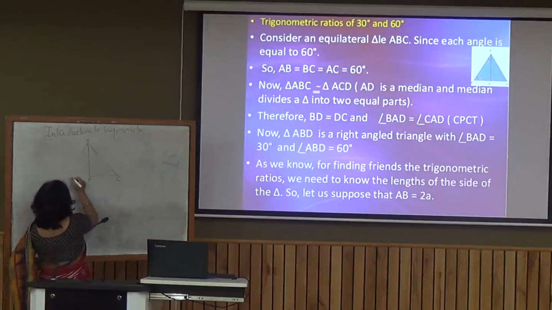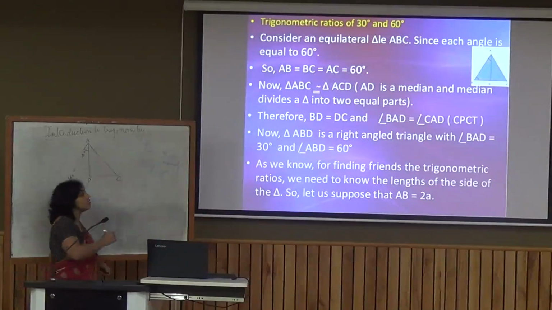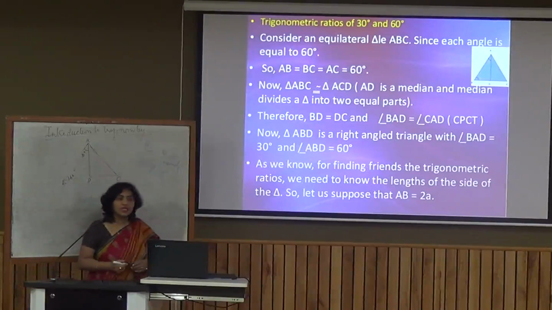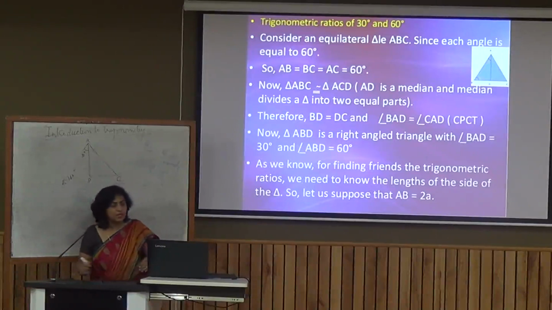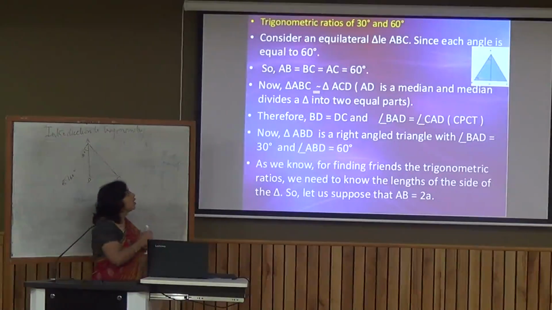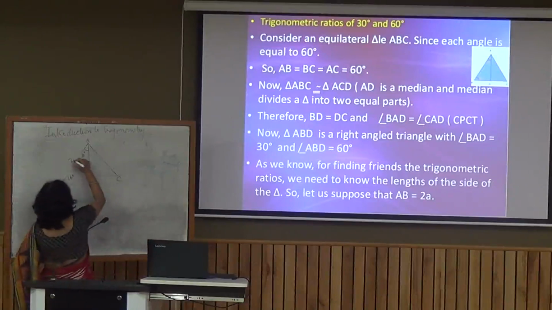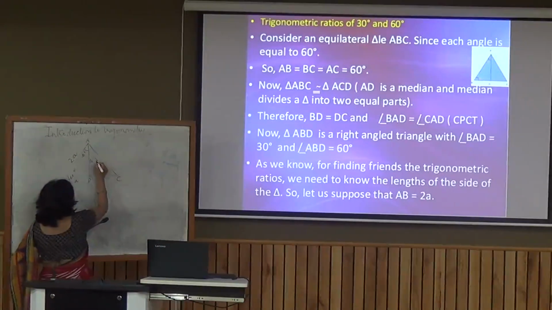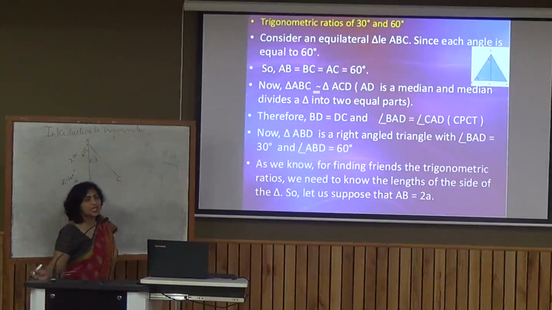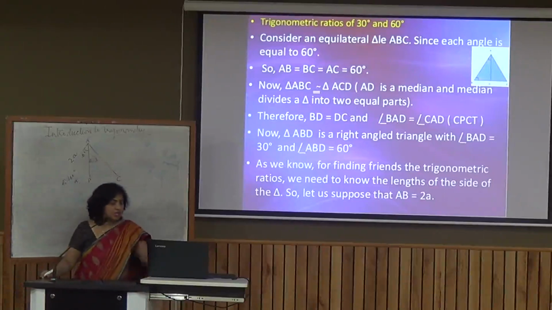So we get this angle as 60 degrees and this as 30 degrees. Considering triangle ABD, we can calculate the trigonometric ratios of 30 degrees and 60 degrees. Here we have taken an equilateral triangle of side 2a. So BD will be half of it, a, and with the help of the Pythagoras theorem we will get AD as a root 3.